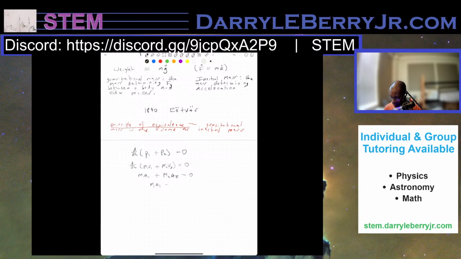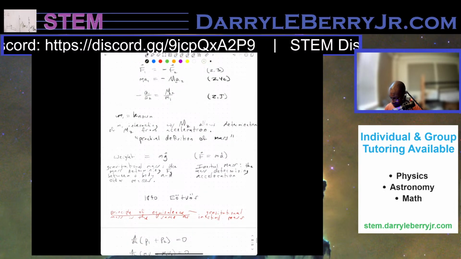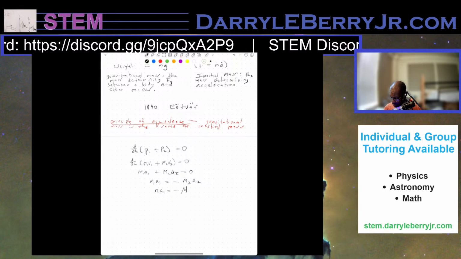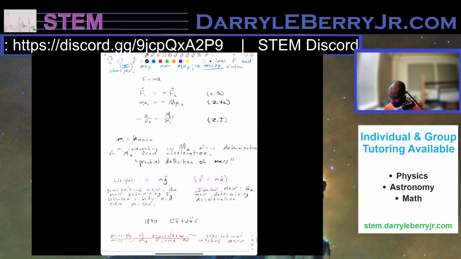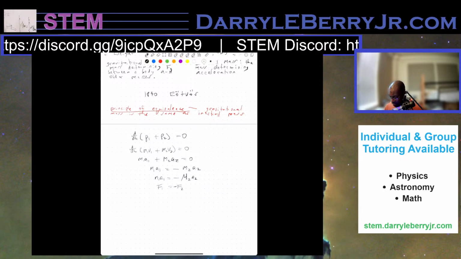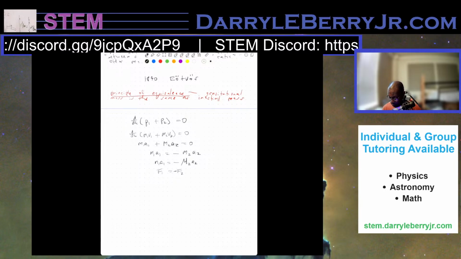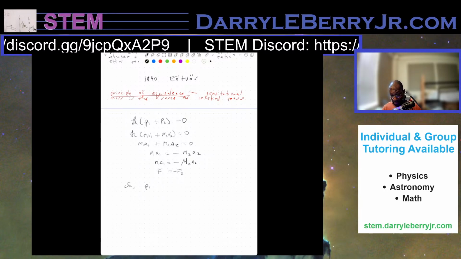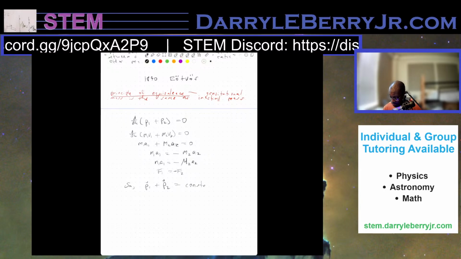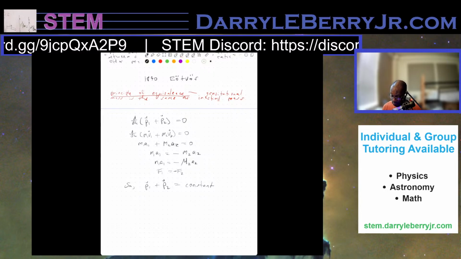So m1a1 equals negative m2a2. And then we get back to where we were before. F1 equals negative F2, right? So p1 plus p2 equals constant. And of course, 0 is a constant number.